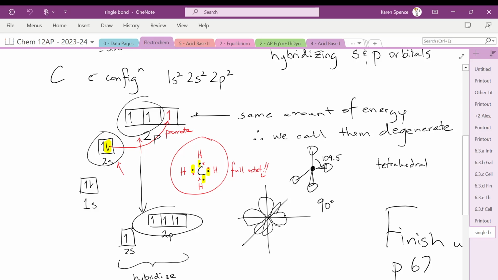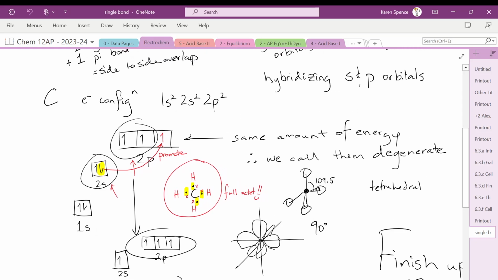Okay. Last day, I just wanted to finish graphite because we had almost made it through graphite and then we ran out of time.